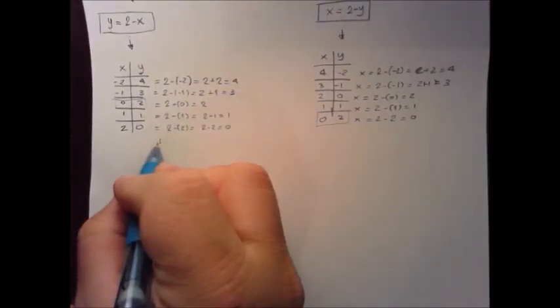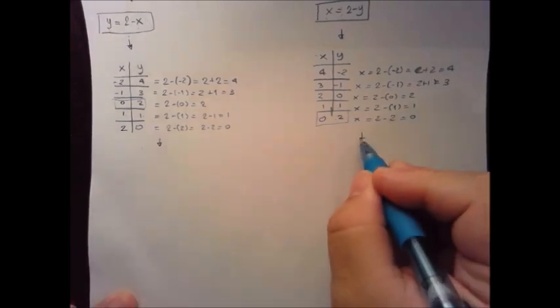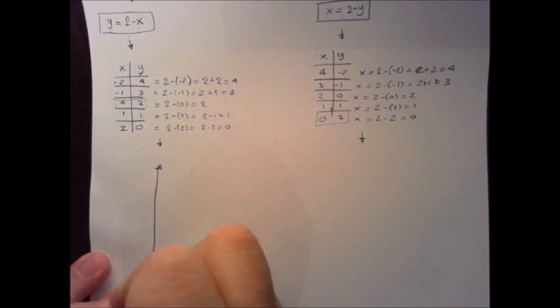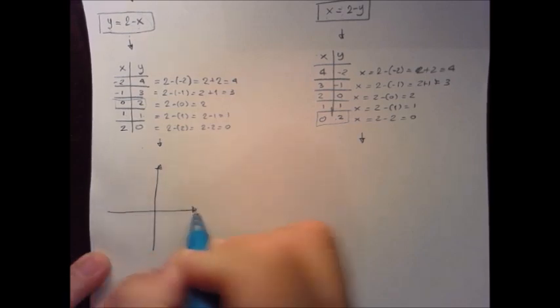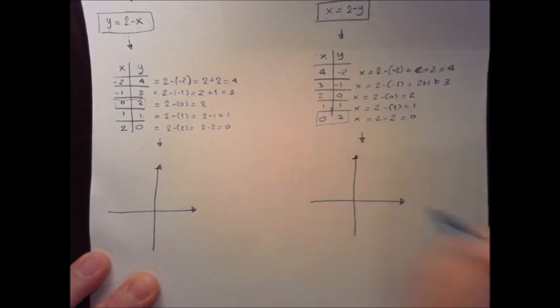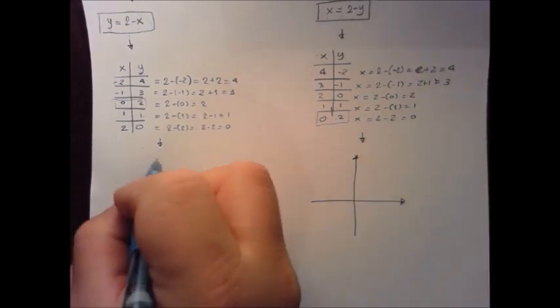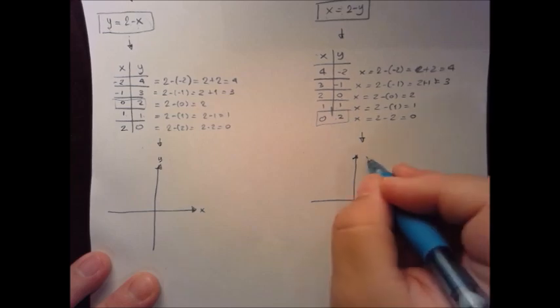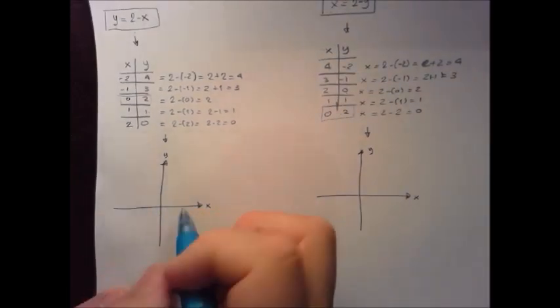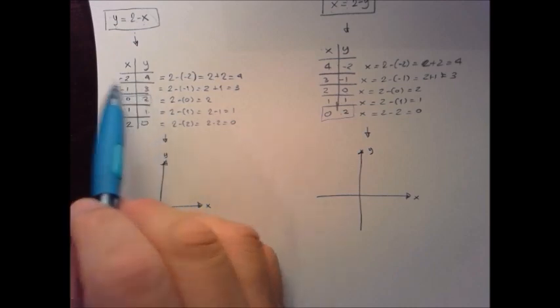Okay, right now, look at this, we're going to make the graph. I'm going to make the Cartesian plane, in that case both, and here I'm going to have x and y, and here I'm going to have x and y too. Okay, so here we're going to start with this one. So the first point that I need to graph is -2, 4.